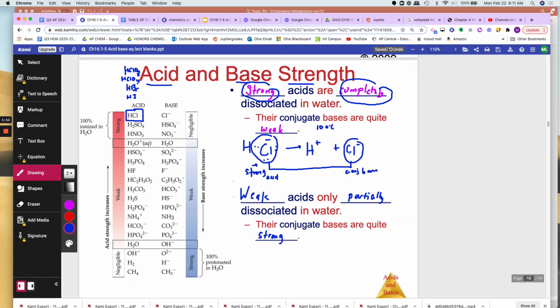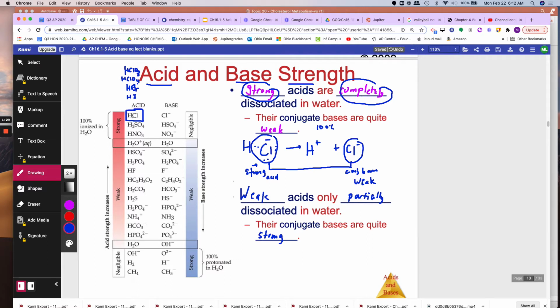This conjugate base cannot hold on to the H plus, so it is a very weak conjugate base.